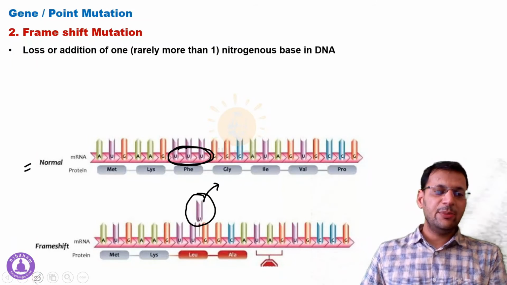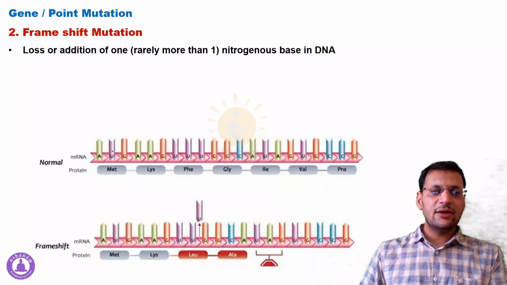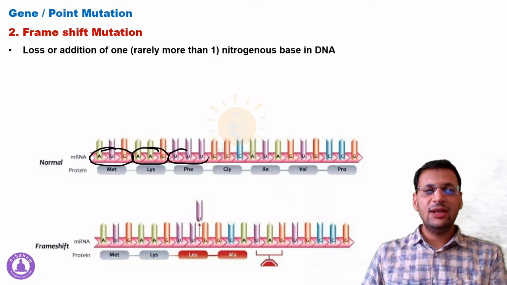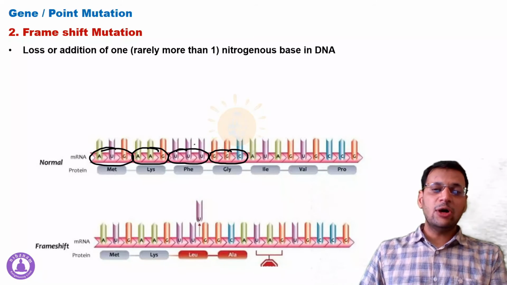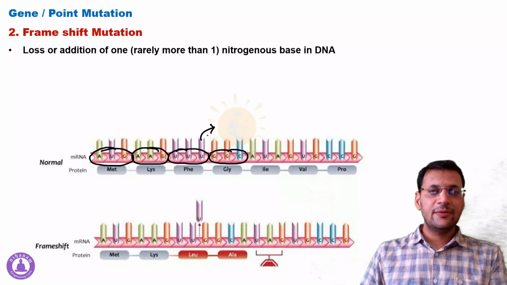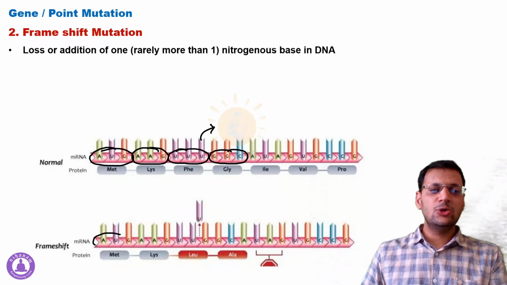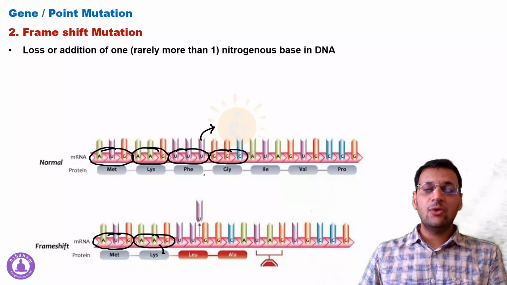Now what would happen because of this deletion? Listen to this carefully. Earlier AUG was coding for methionine, AAG for lysine, UUU for phenylalanine, GGC for glycine. Now because of the mutation, this U has been deleted. So how would it be read? AUG, there is no change, it would be coded as methionine. AAG would be coded as lysine. But now listen carefully, this U has been deleted.